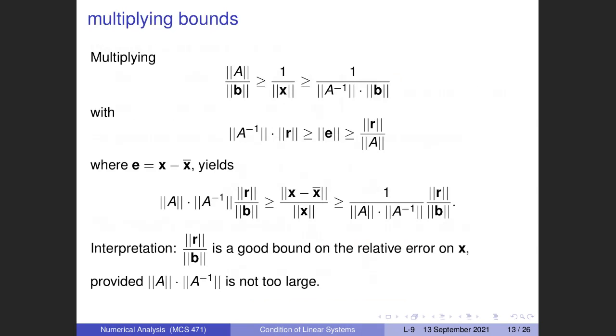Let's do this multiplication. And that actually gives us the important relationship on the relative error. The relative error is here in the middle.